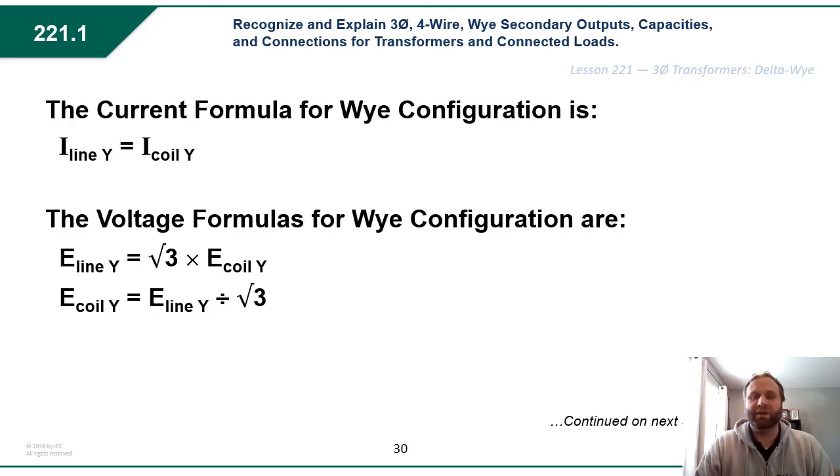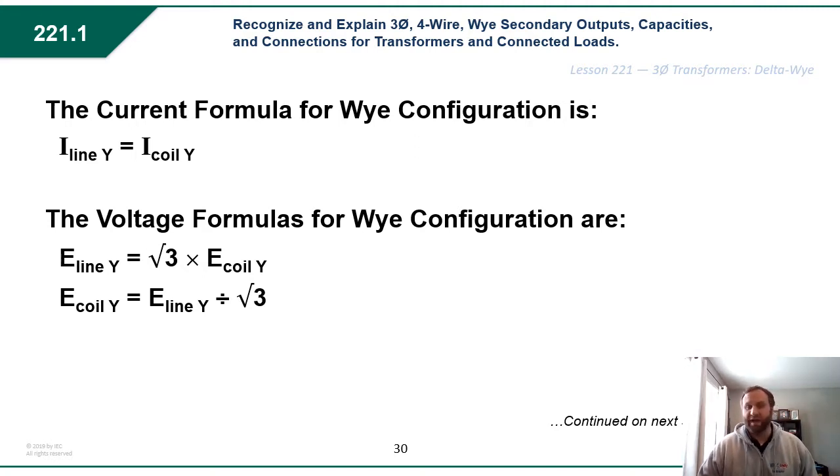For a Y configuration, here's some formulas for you to use for your three-phase Ohm's law, as well as Y versus delta configurations. In a Y configuration, the coil amperage is constant with the line amperage. The line and coil amperage are the same.